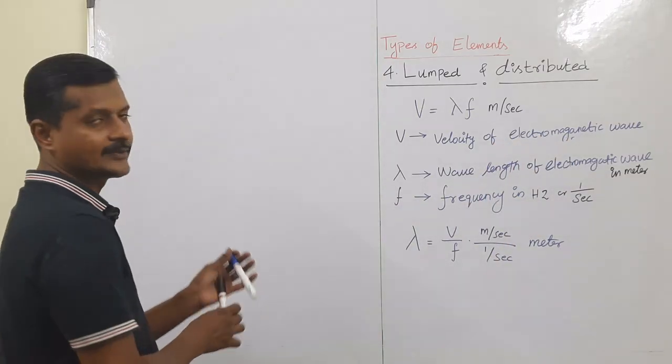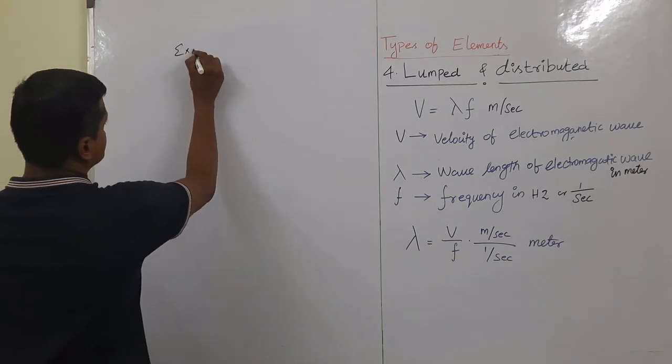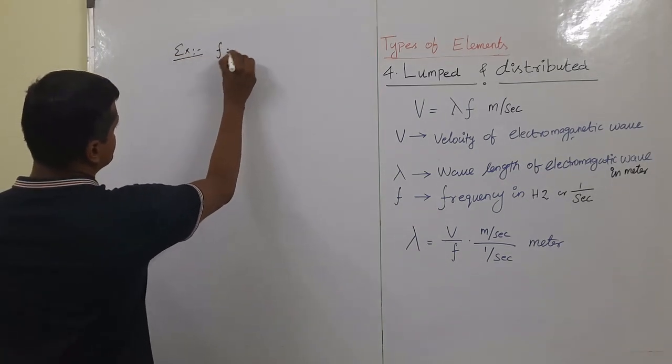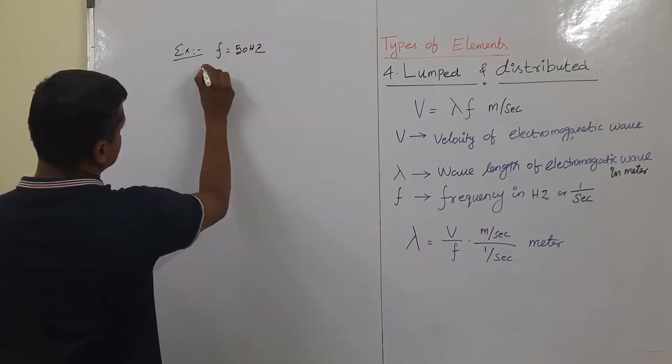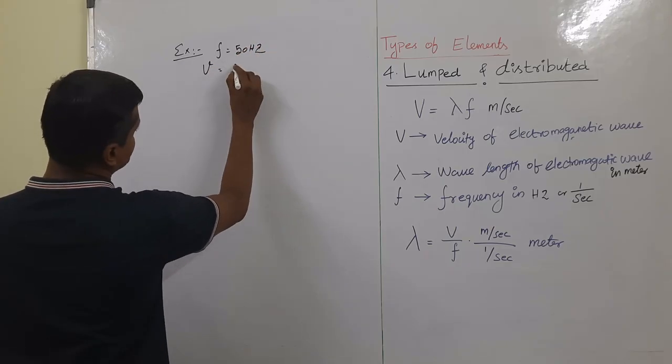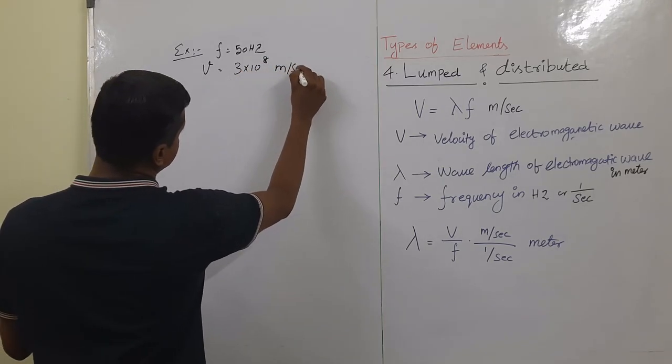So example for our general electric supply: frequency equal to 50 Hz, V equal to 3 into 10 power 8 meter per second.